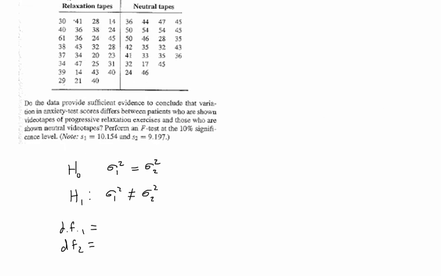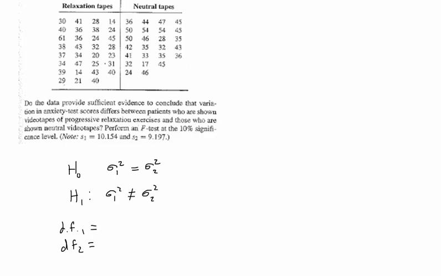And then we need to find our critical values, and for F, we have two different critical values and they're both going to be positive. So we're going to need degree of freedom 1 and degree of freedom 2, and they're both equal to n minus 1. Now for n1 we have 1, 2, 3 times 1, 2, 3, 4, 5, 6, 7, 8.